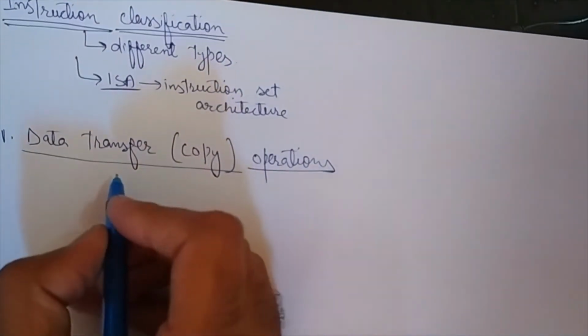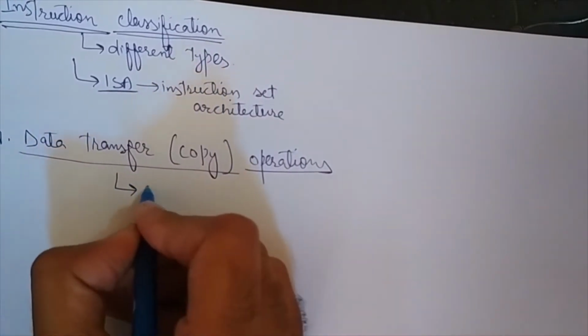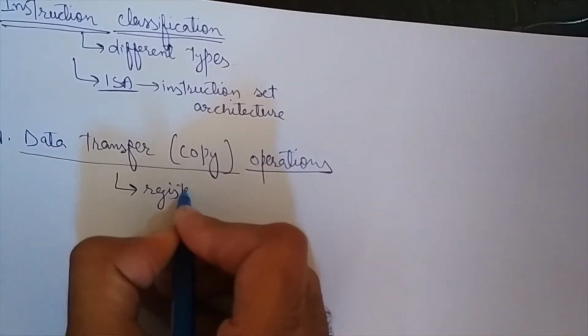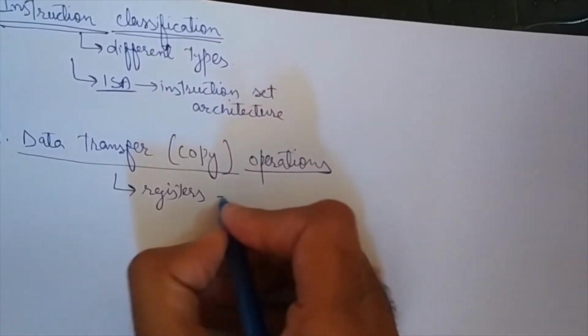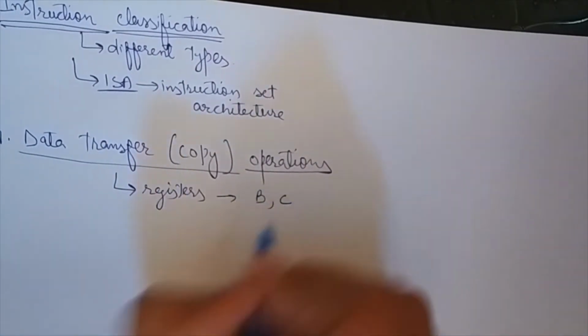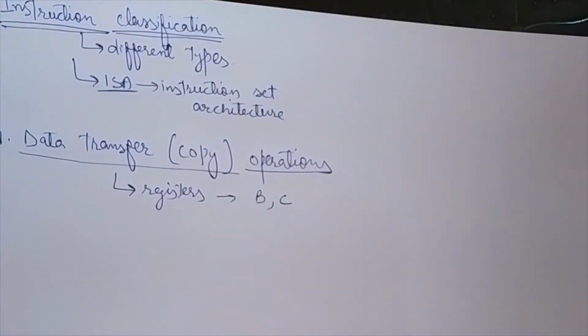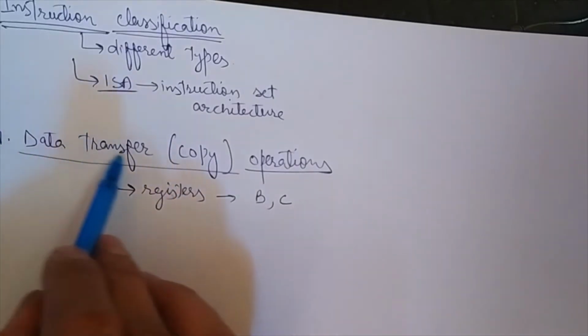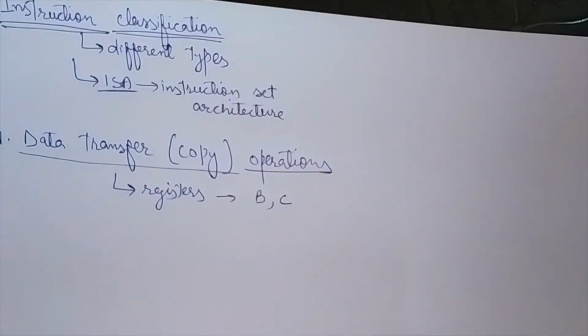For example, we want to transfer data between the registers. That means transfer data from register B to register C, or transfer data from register C to accumulator. So that will be done with the help of data transfer operations.